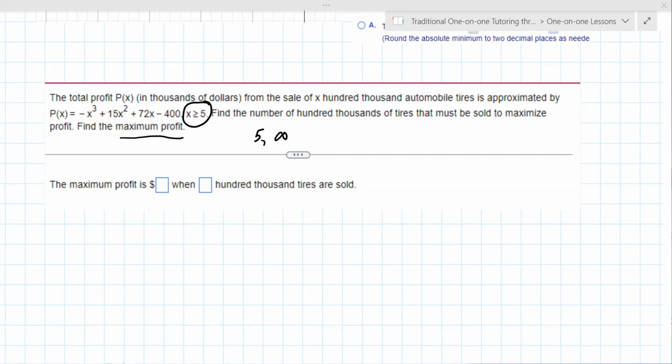I doubt in your world you ever look at graphs of profit functions, but maybe I'm wrong. I would say no. Okay, yeah. It's a little odd that they're like, here you go, here's your profit function. So let me window this correctly. Let's go 0 to 10.